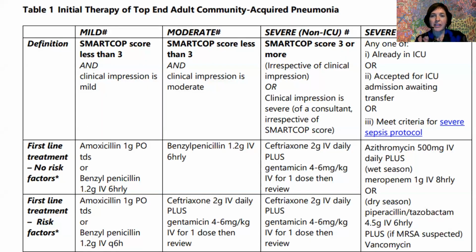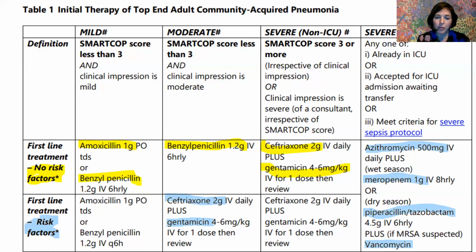So going back to this, the guideline that we use: for mild pneumonia and moderate pneumonia without risk factors, the recommended treatment is largely the same as elsewhere in Australia. What you do see missing from this, obviously, is atypical cover.